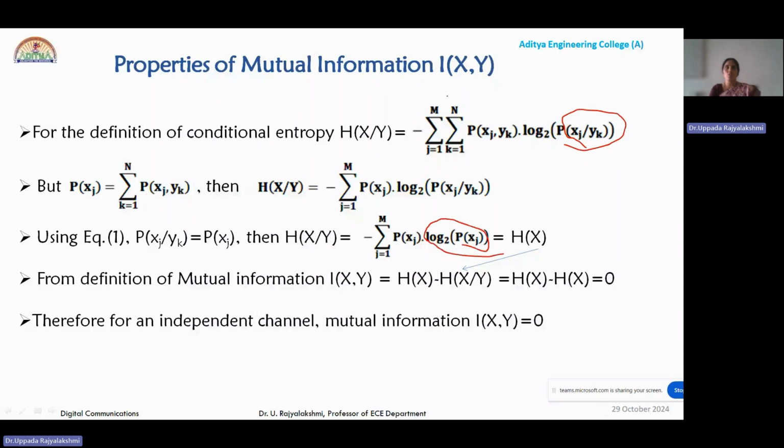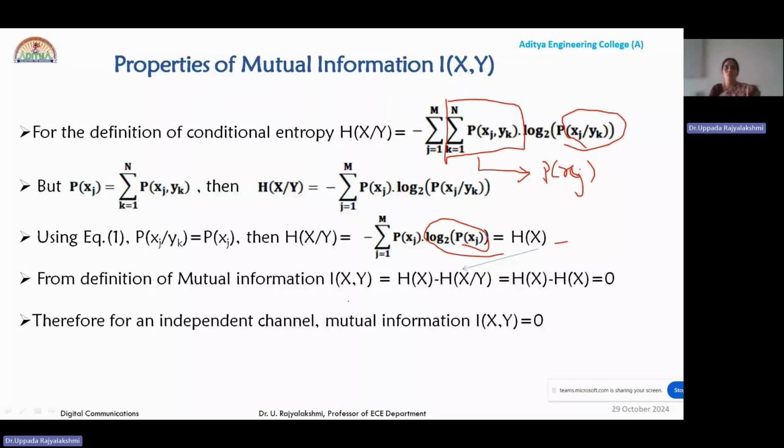And here, if you consider the summation over k equal to 1 to n of P of xj comma yk, this can be written as P of xj. So you can write it as P of xj. So minus summation over j equal to 1 to m of P of xj log P of xj base 2 is nothing but our H of x.